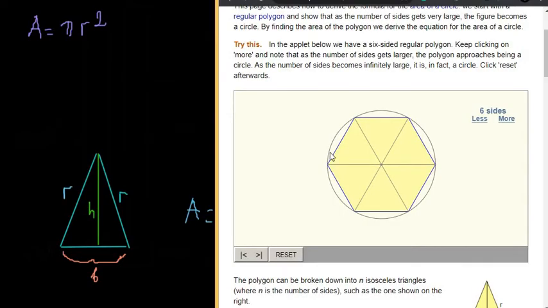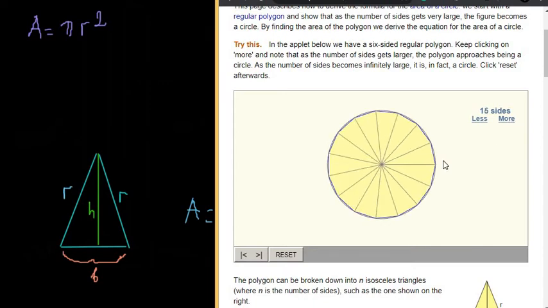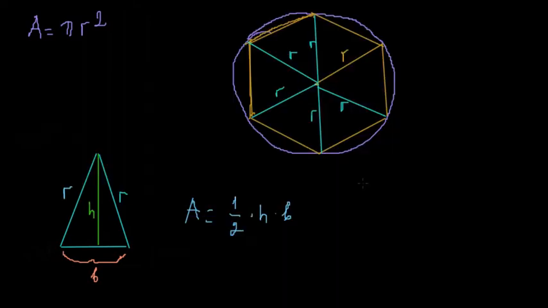But because this polygon, as n goes to infinity, consists of n different isosceles triangles inside it, the area of the polygon is the sum of all the small triangles that make this polygon.